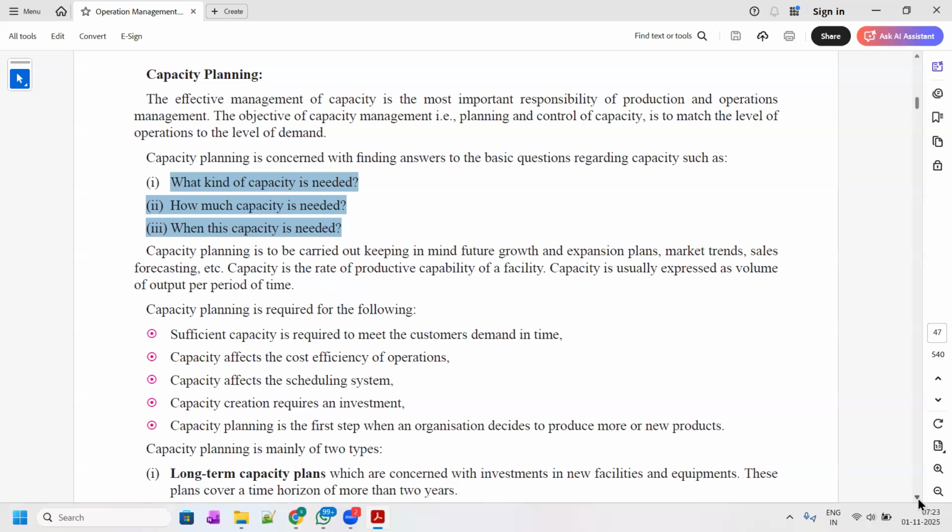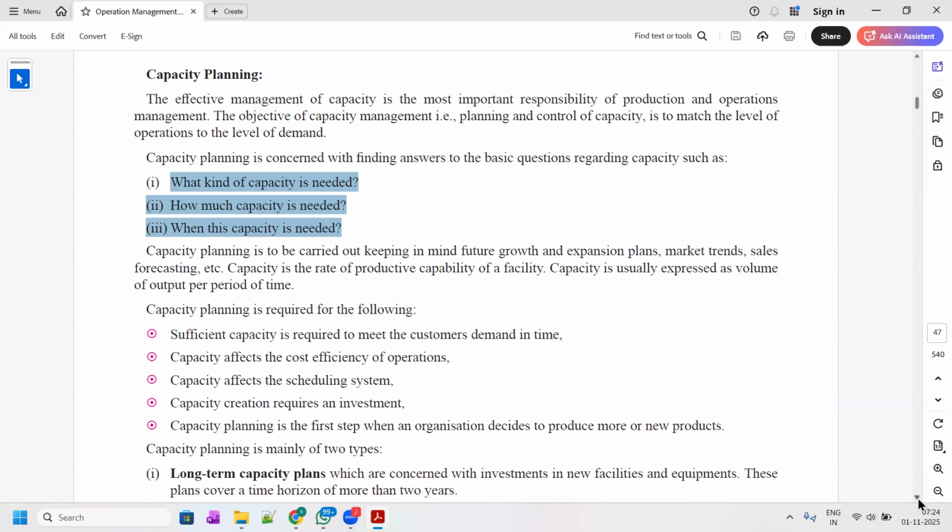Creating new capacity involves investment. Whenever you are trying to make sure that your production matches the demand, you need working capital, labor, machines, and all possible resources, and these all involve investment. Remember we talked about short term, medium term and long term forecasting.